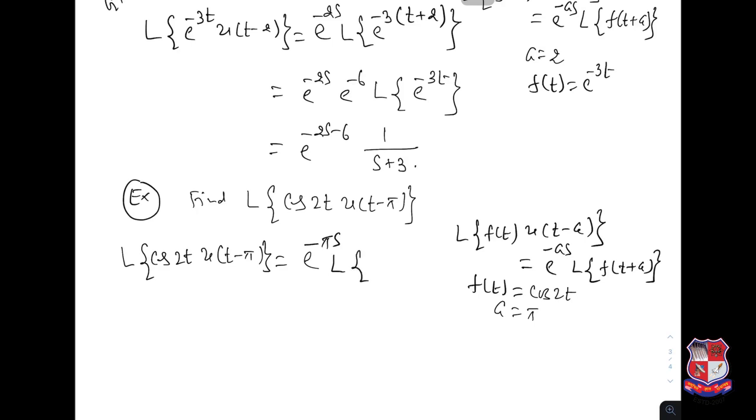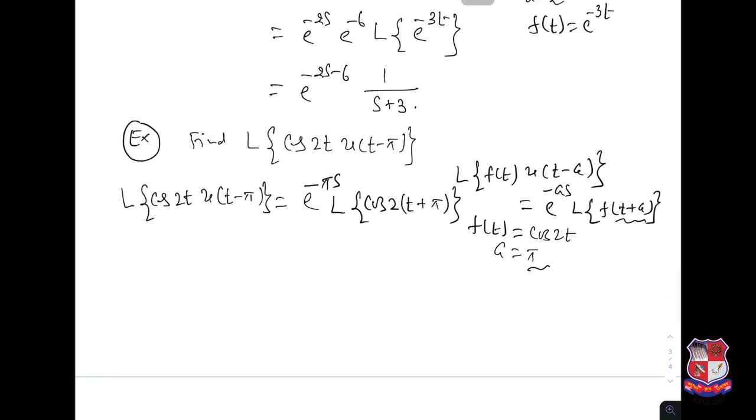F of t is cosine 2t, so this is cosine 2 times t plus a. A is pi, so t plus pi. Take care. Not difficult. Now cosine 2 times t plus pi is cosine 2t plus 2 pi.